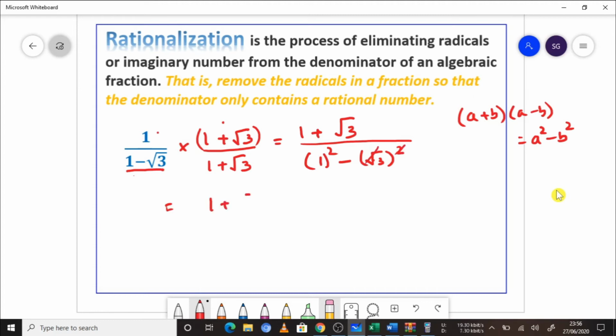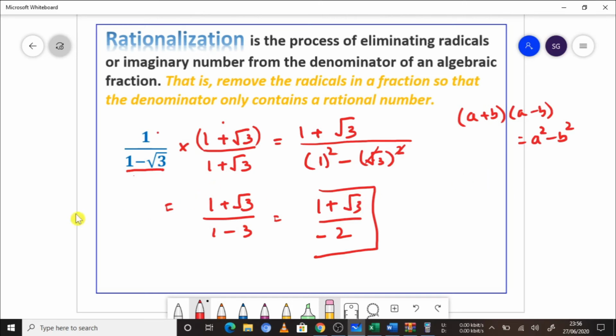We have 1 plus under root 3 over 1 minus 3. So you can write 1 plus under root 3 over negative 2, and that's all. You have gotten rid of an irrational number or a surd from this denominator, and hence this process is called rationalization. If you want to further specify it, you can say that this is rationalizing the denominator.